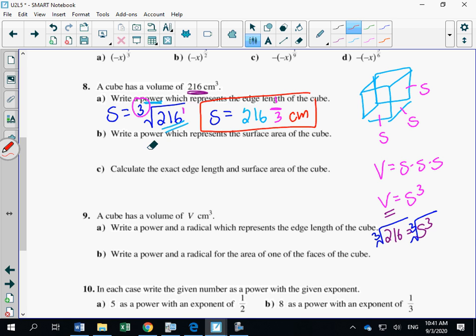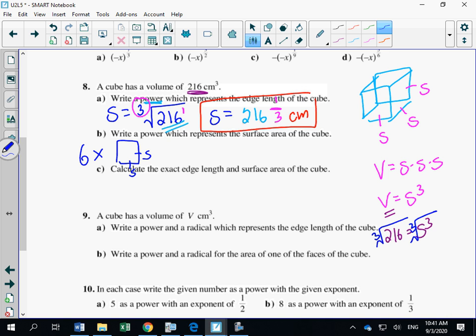Okay. B, write a power which represents the surface area of a cube. Okay, so the surface area, painting that entire cube, we have 6 squares. So it's 6 times the area of a square.